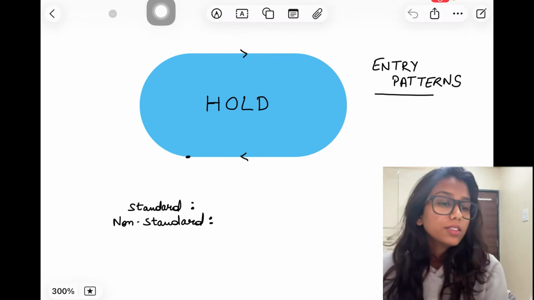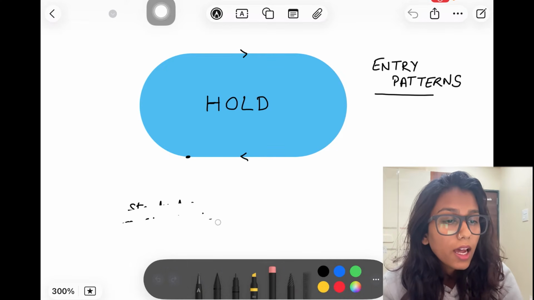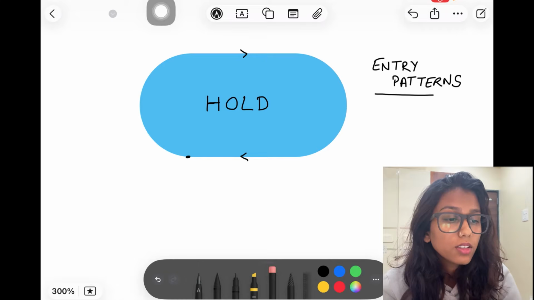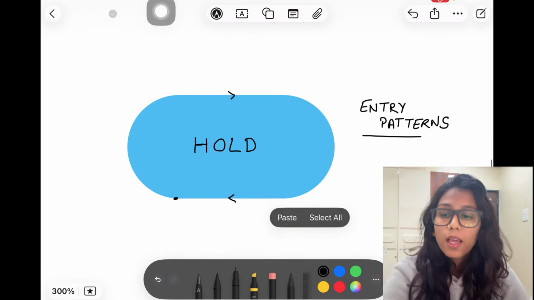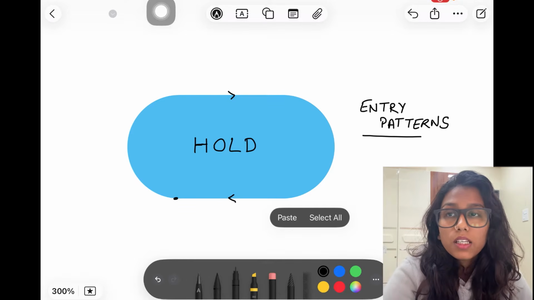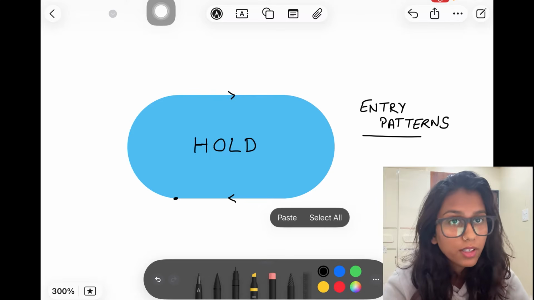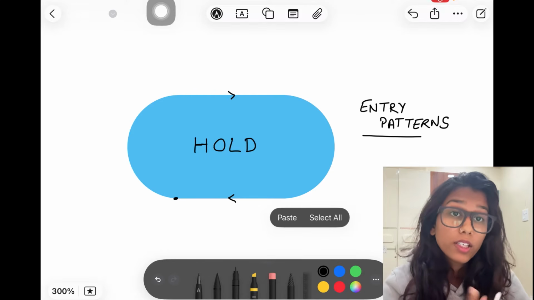Okay, so standard hold and non-standard hold, now we know what it means. And we'll just talk about our standard holds. For a standard hold, you will be subtracting 30 degrees from everything. So what does that mean?